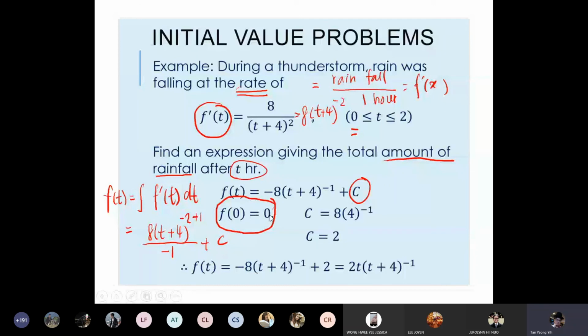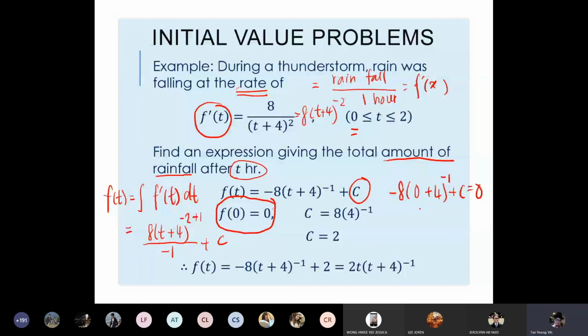Therefore, we are going to substitute this value inside here. The answer is 0. So we have -8 times 0 plus 4, plus c equals 0.